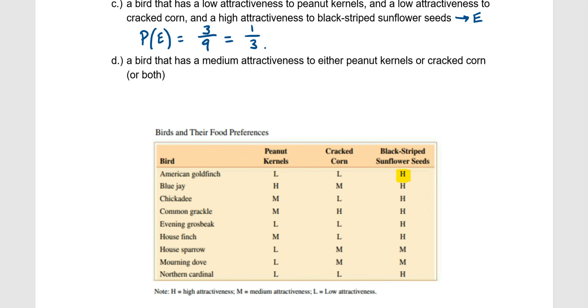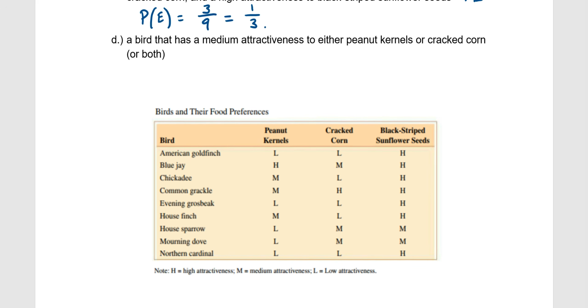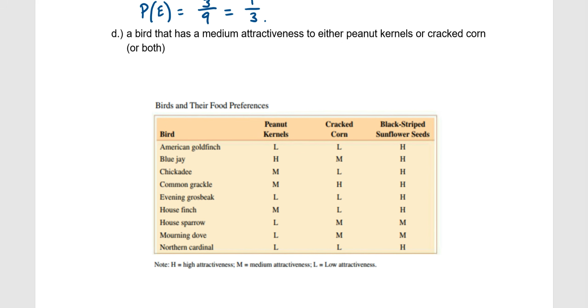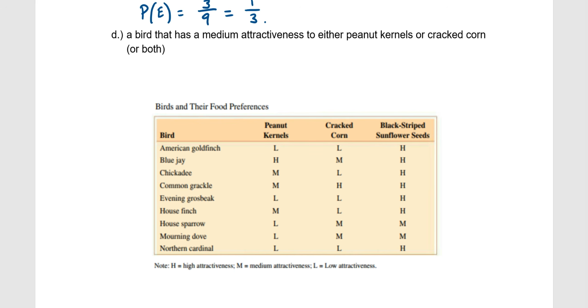Okay, and now for the last one here, we want the probability that a bird has a medium attractiveness to either peanut kernels or cracked corn or both. So the word "or" we have to remember is going to mean at least one. Let's take a look at medium attractiveness to peanut kernels. We have an M, M, and an M. And then we want medium for cracked corn. So M, that's an H, M, M, and M. Then we need to count them up.